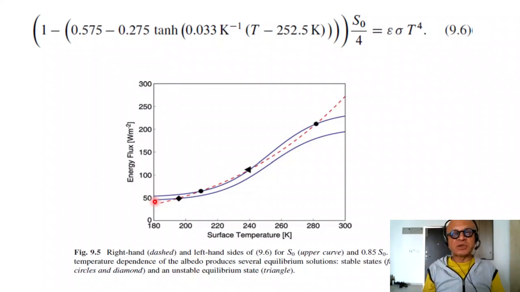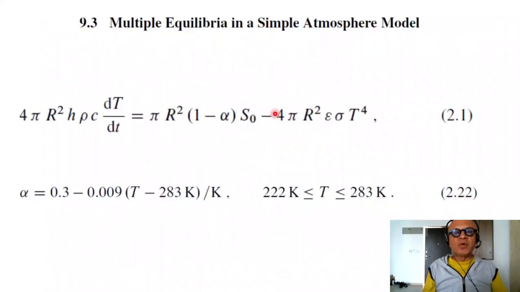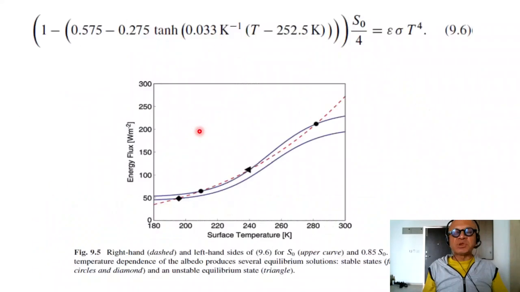We also did it as a zonal mean, meridional mean box of height h, and so on, when we wrote the energy balance equation in chapter 2, right? So it had a heat capacity and it had a height h. We can think of scale height, and then it had alpha, which could be temperature dependent.